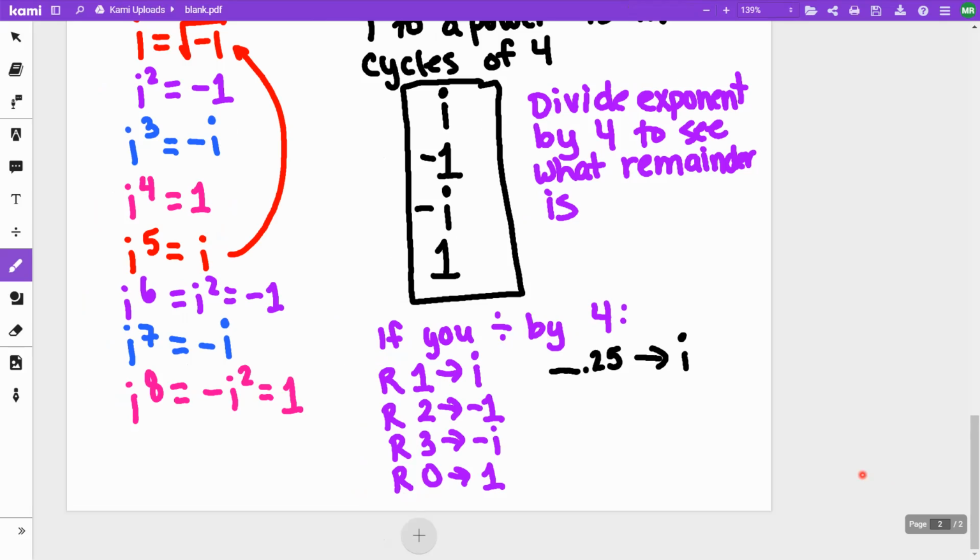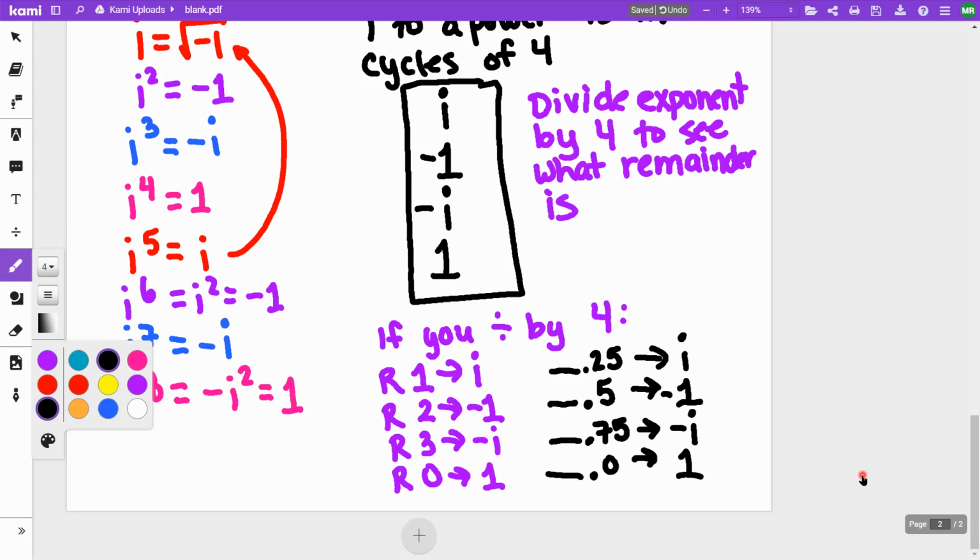You were off by 1. If you did your division and you had a decimal of 0.5, which is 2 out of 4, that puts you at -1. If you had a decimal answer of 0.75, that's 3 out of 4, which is a -i. And then if it went in evenly, so it's like a 0, then that's at a 1.